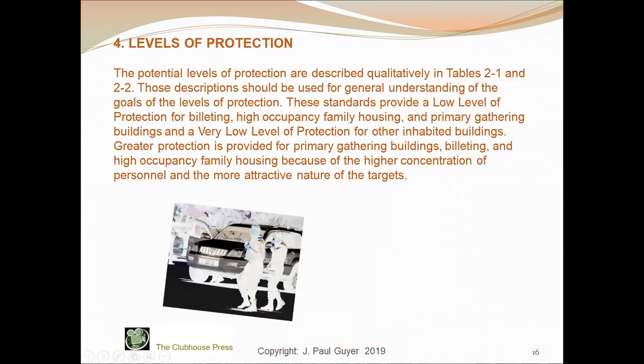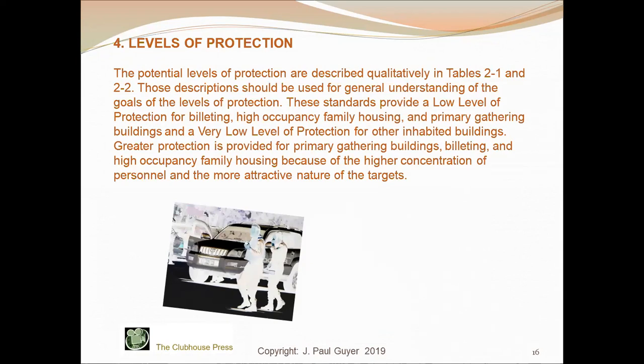Now we move to section 4 here, and we're talking about the levels of protection. The potential levels of protection are described in tables 2.1 and 2.2, which you will see shortly. These descriptions should be used for a general understanding of the goals of the levels of protection.